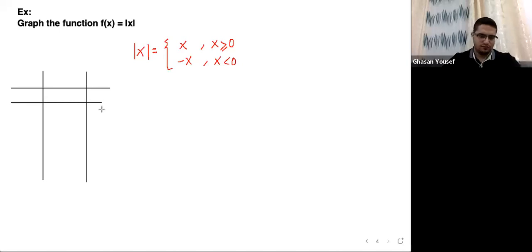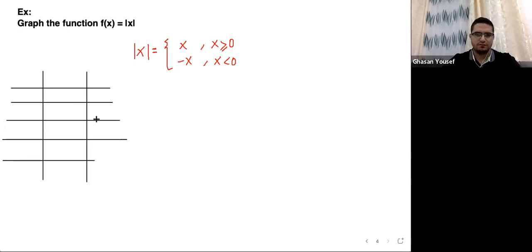Again, I'm going to choose random points, where the value is greater than 0, so starting from 0 and above: 0, 1, 2, 3. And for the second function, the same thing.